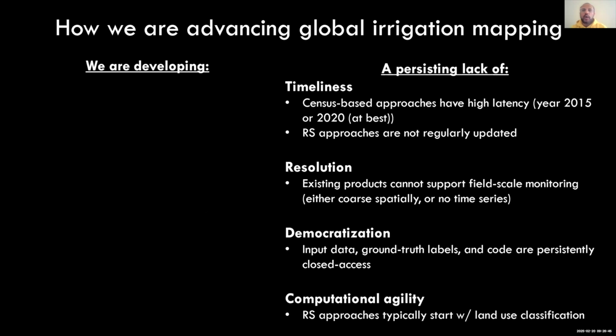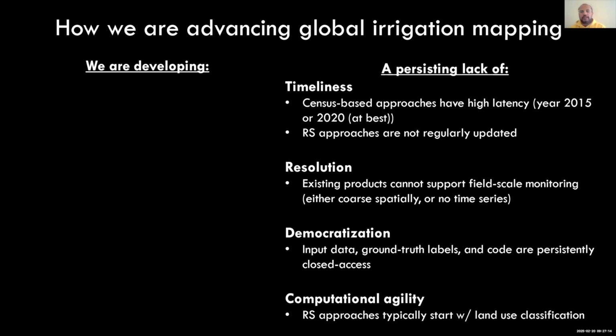So how are we advancing the global irrigation mapping? The current challenge is timeliness. That means the census-based approach that I showed you didn't provide much updated information, because the availability of census reports is very limited and not updated frequently, and it takes 5 to 10 years to have the latest census reported.